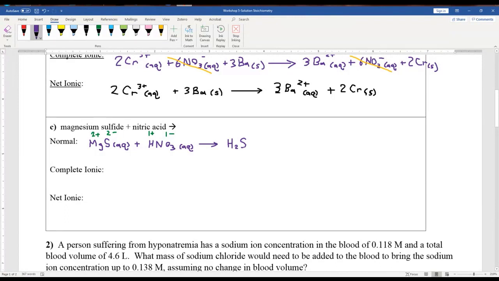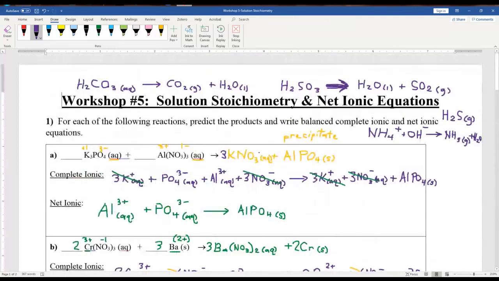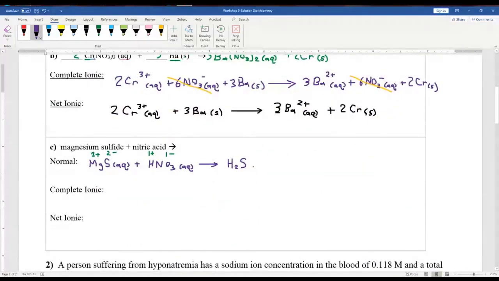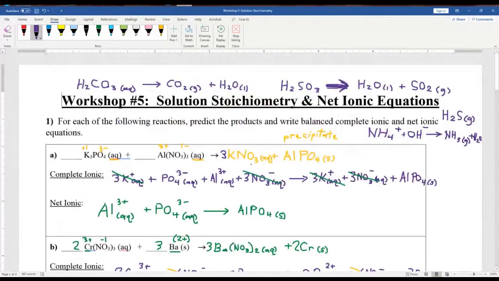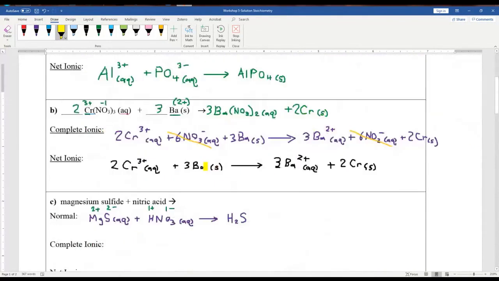And what is the phase of matter of hydrogen sulfide? Remember, we kind of indicated this above. When you see H2S formed, that means H2S is going to be a gas. Yeah, there you go.